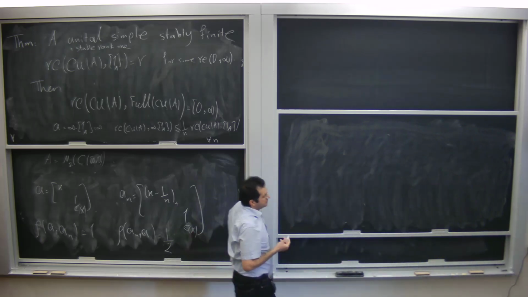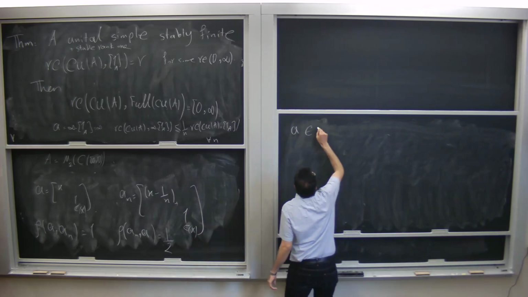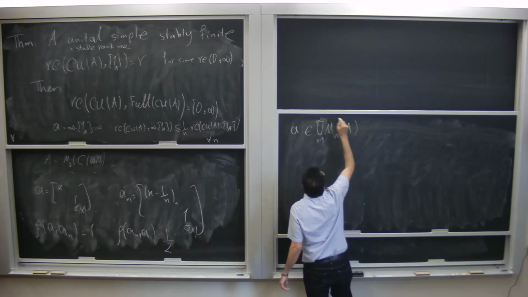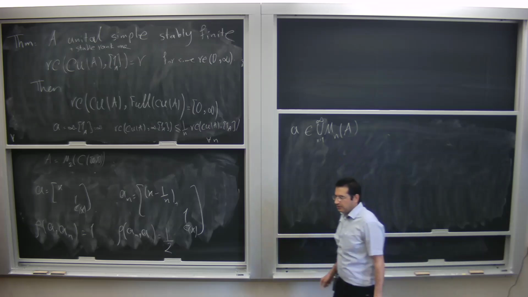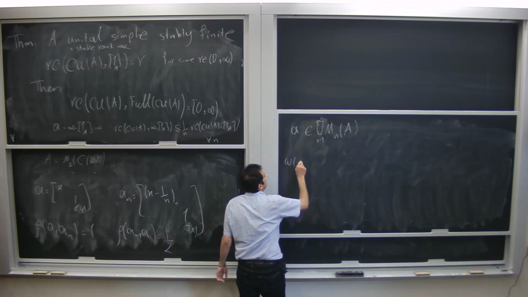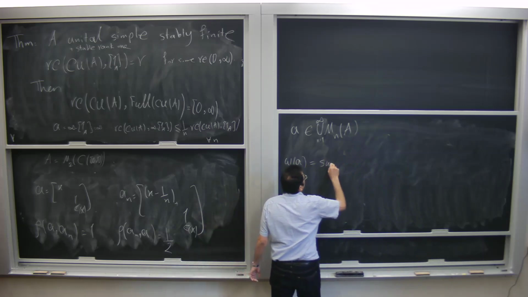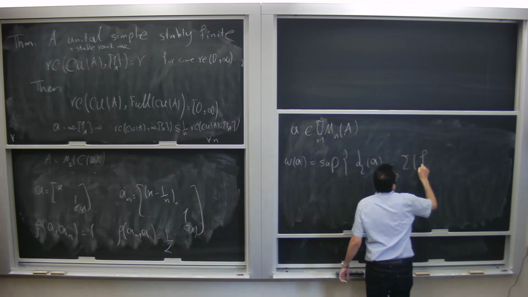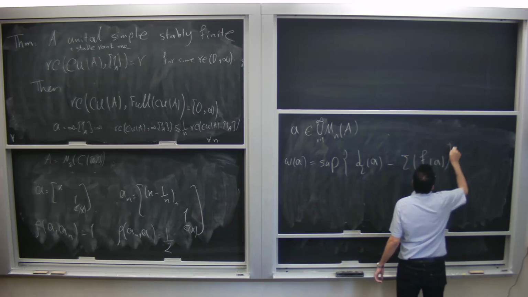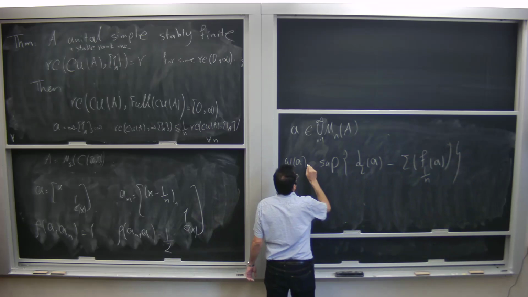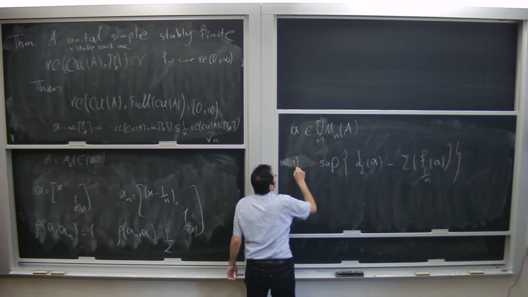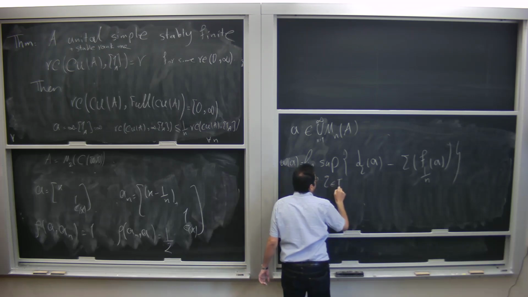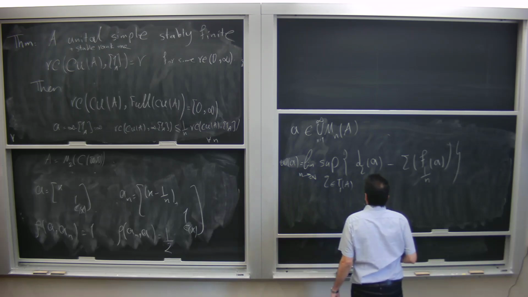If you have a C*-algebra, for any positive element a in a matrix algebra over A, and n from 1 to infinity, where A is a very nice unital stably finite C*-algebra, the oscillation of a is denoted by omega of a, which is equal to the limit as n goes to infinity of the sup over all normalized traces of d tau of a minus tau of f_{1/n}(a). And what is d tau of a?